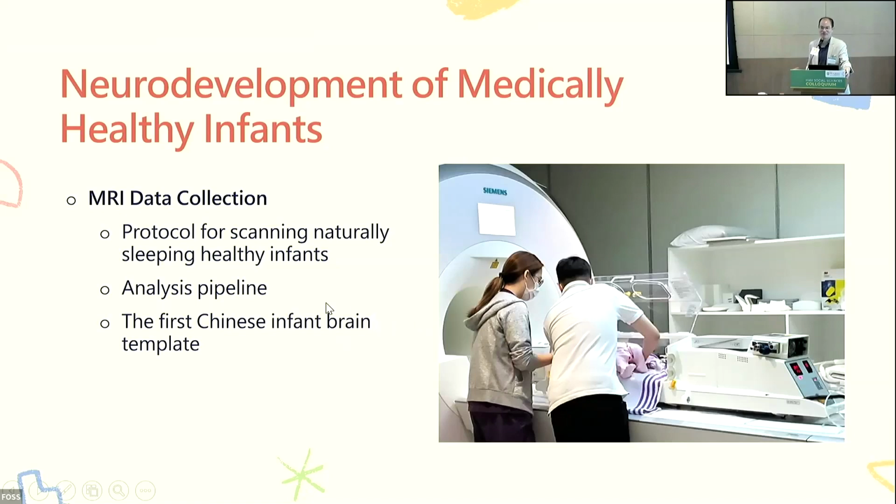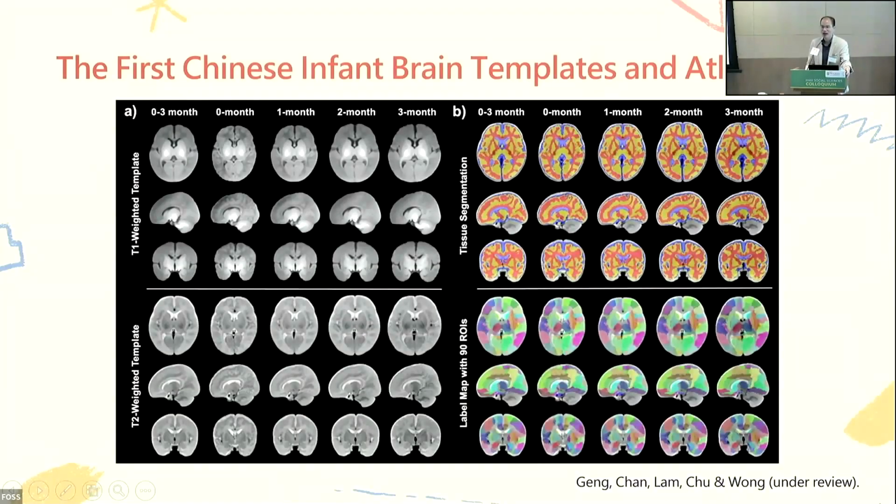So we've gone through over 300 children, 200 some with useful data. Oh, I forgot to change this. This is now published. We just published the first Chinese infant brain template and atlas based on the 100 and some from the data that we collected.